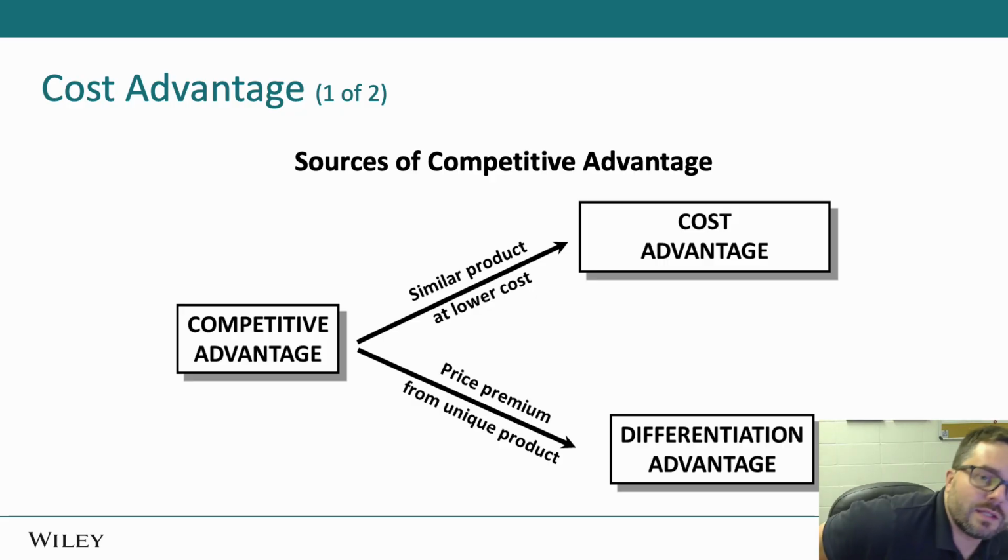But another consideration here is the fact that the way we achieve a competitive advantage will largely be determined by our chosen generic strategy, which we're going to talk about in a second here.